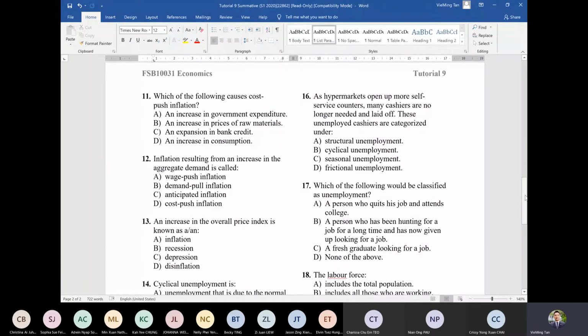All right, 11. Ren Chai already dropped from the program. Okay, Edwin, question 11. Which of the following causes cost push inflation?